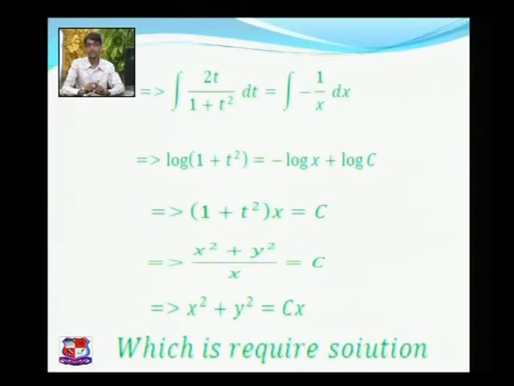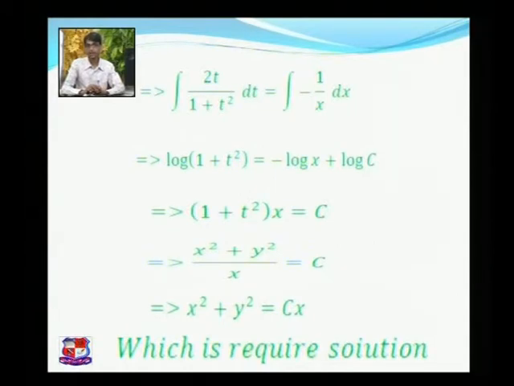So here the integration of that function is log of 1 plus t square, and the integration of 1 by x is log x. So log of 1 plus t square is equal to minus log x, and there is a constant in the log format, that is log c.